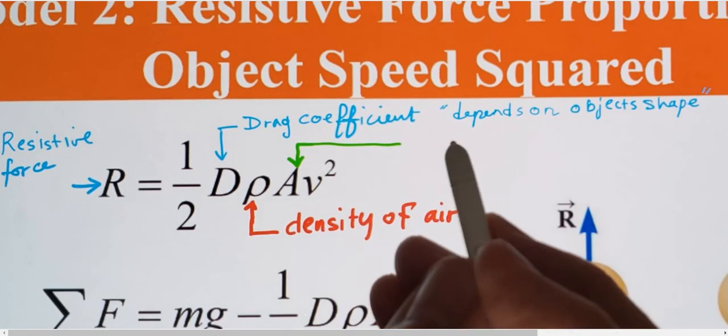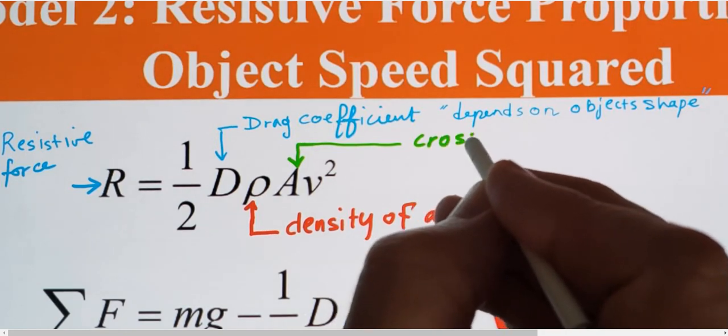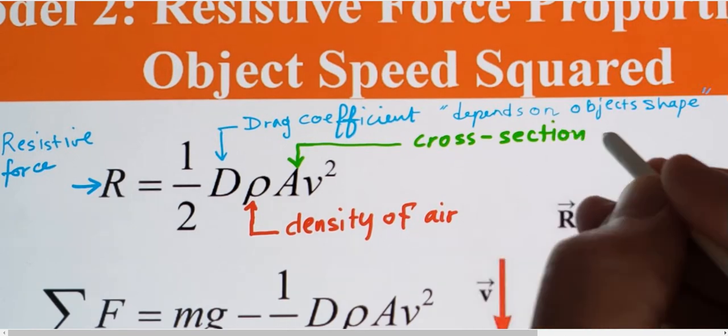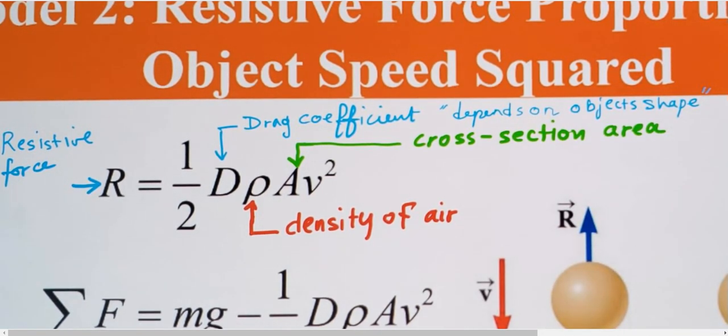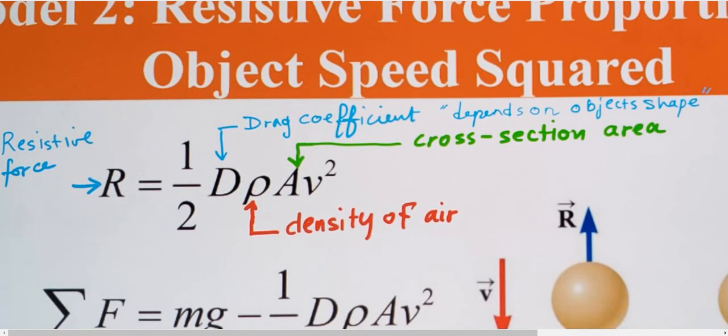A is a cross-section area, perpendicular to the velocity.